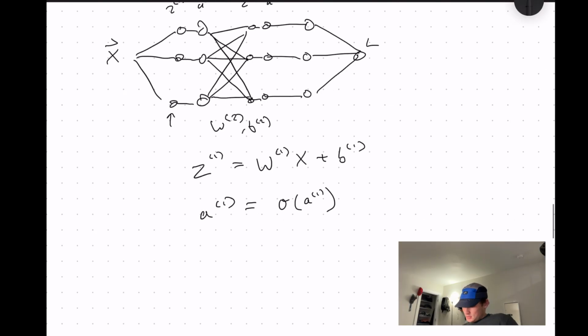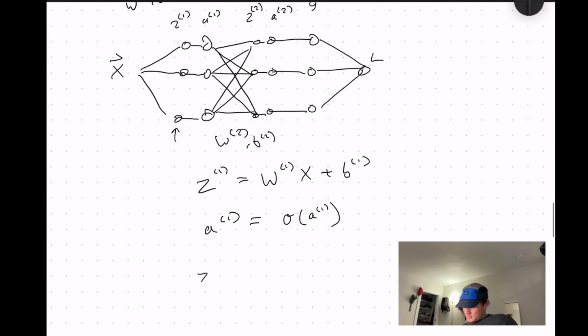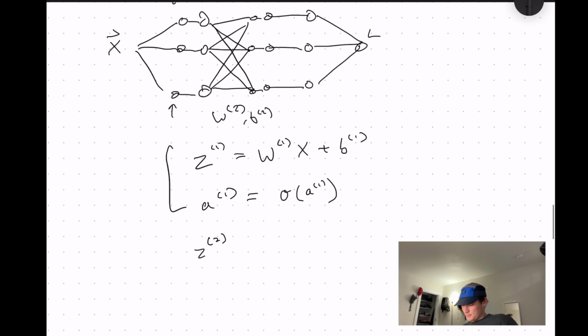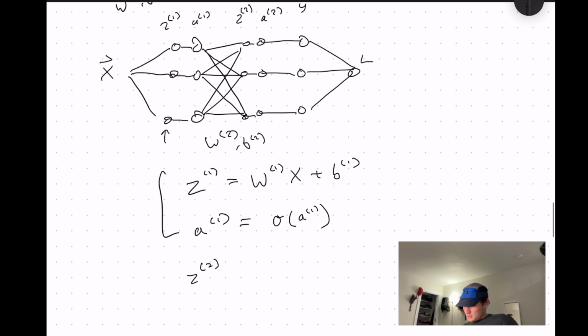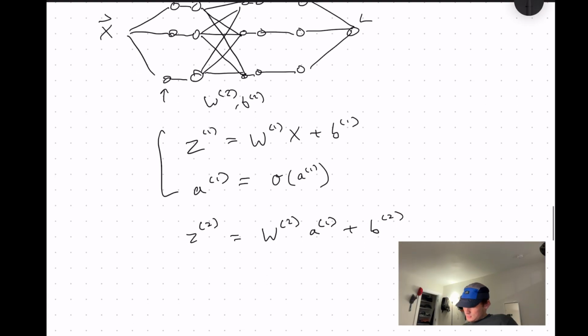Okay. So now we do the same thing where we have Z2. So this was just like one logistic regression. That's it. This is one logistic regression as normal. Now we have Z2, which equals W2 A1 plus B2. Not going to make the same mistake. Okay. And that's A2.